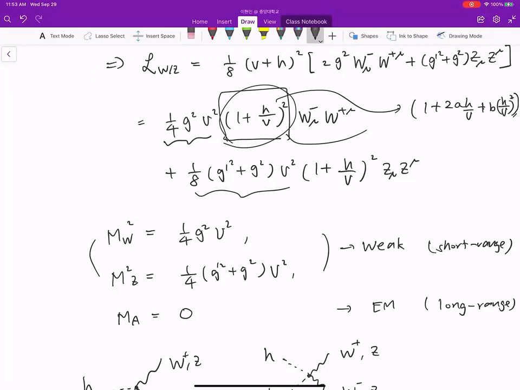You can compare whether this is the standard model Higgs or not. If a equals b equals 1, then this is the standard model. But if different from that, then it is not the standard model.